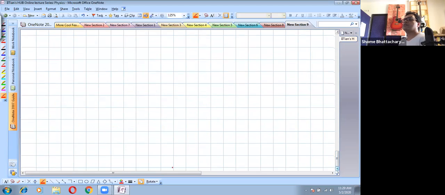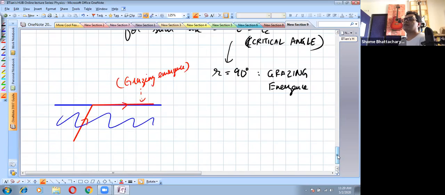Now also see what will happen if the angle of incidence is more than the critical angle. Here the angle of incidence was equal to the critical angle, and now we can develop a general formula for this.